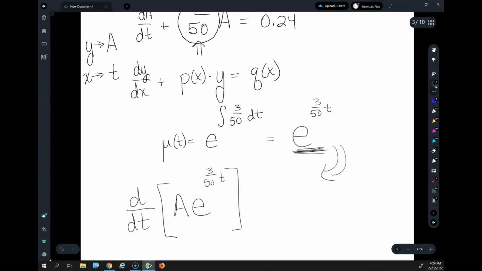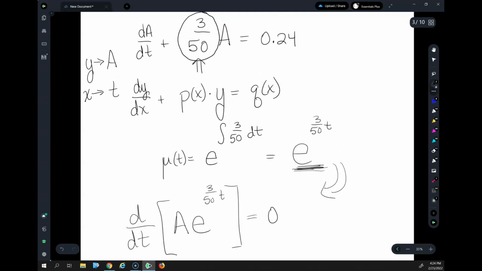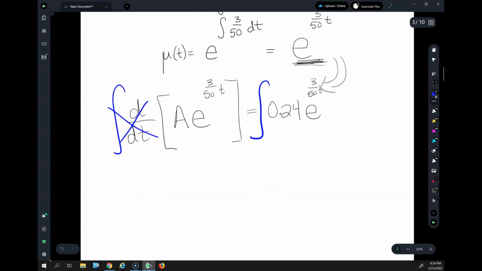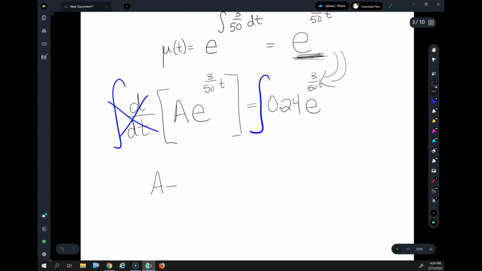That's what the left-hand side turns into if we multiply through by the mu. And on the right-hand side, we also have to multiply by mu. So our next step is to integrate, because the integral will cancel off the derivative there. That leaves us with A times e to the 3/50ths t.